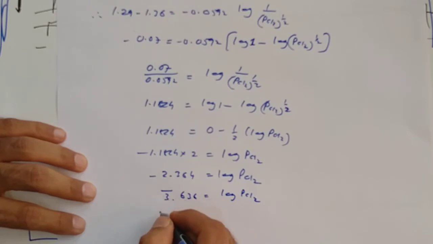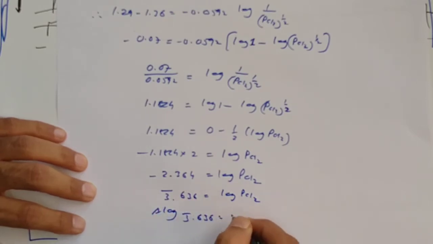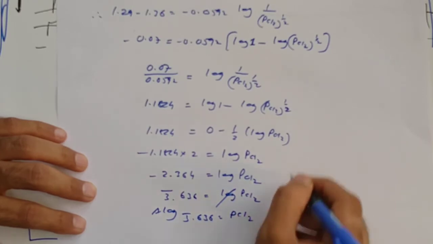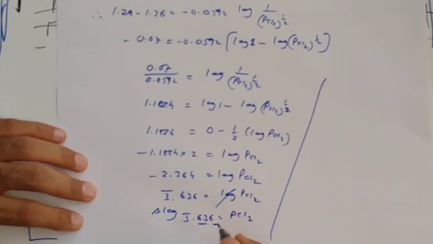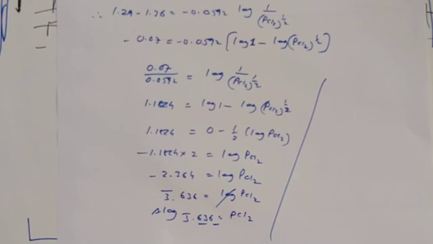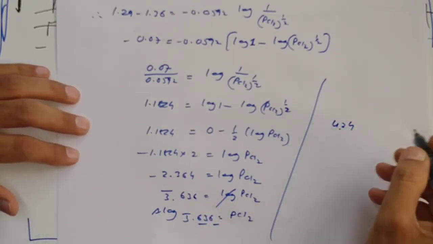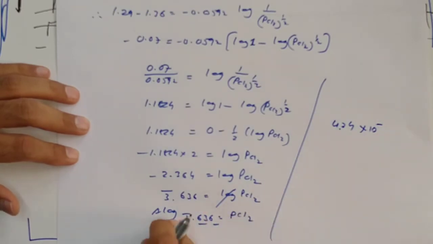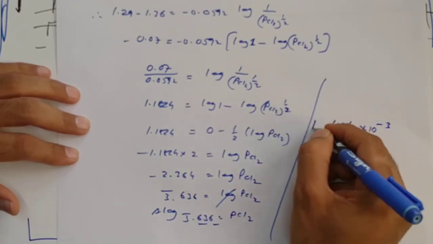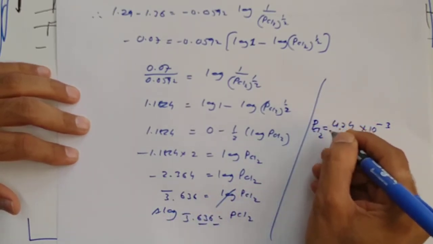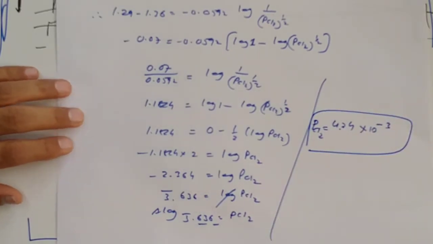Now taking antilog on both sides, log and antilog cancel, giving the pressure of chlorine. Now 636 gives 4.24 times 10 raised to minus 3, so the pressure of chlorine is our answer.